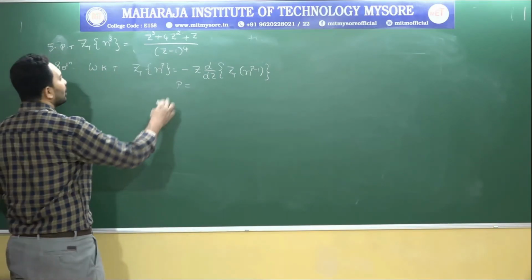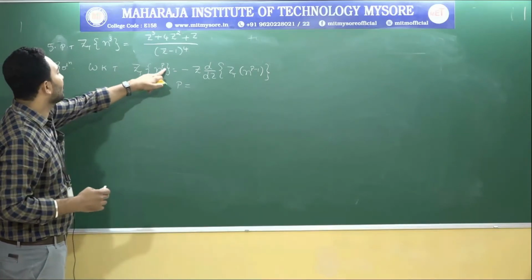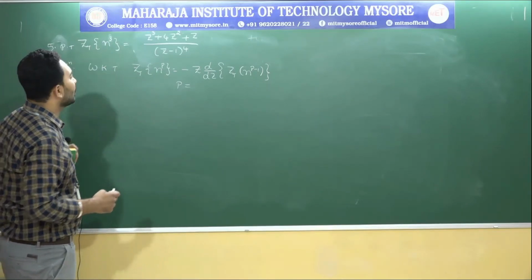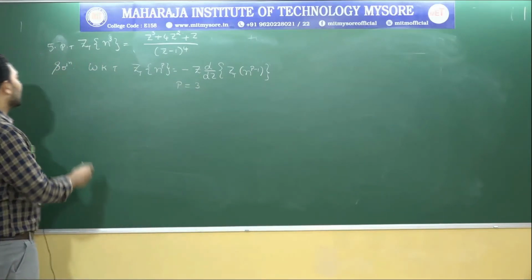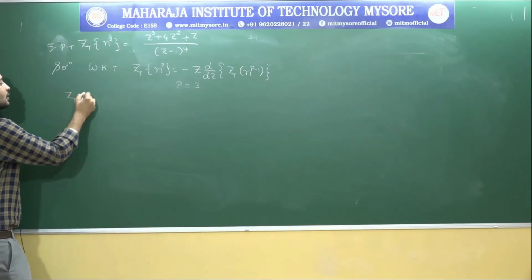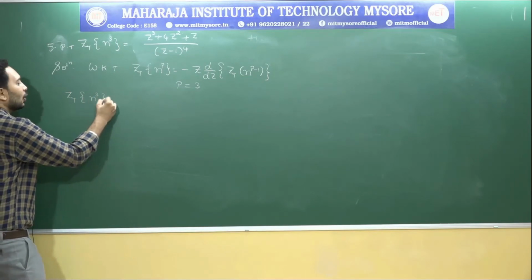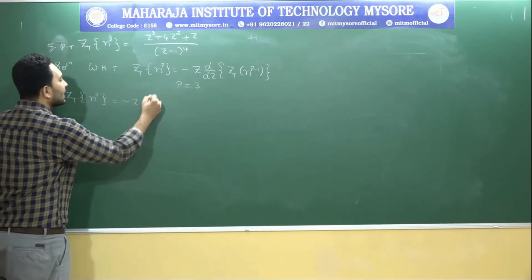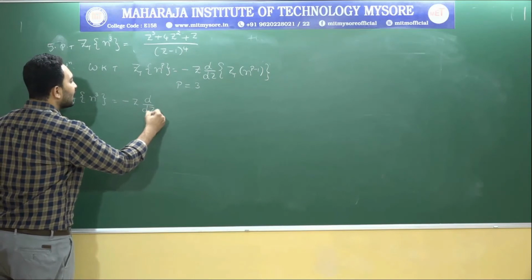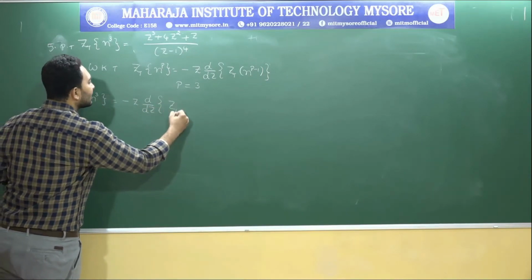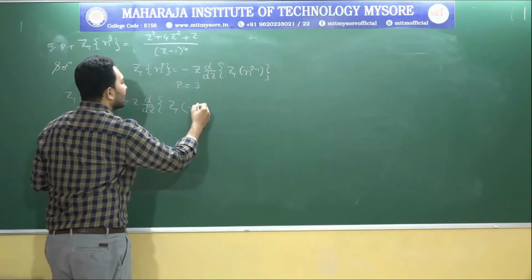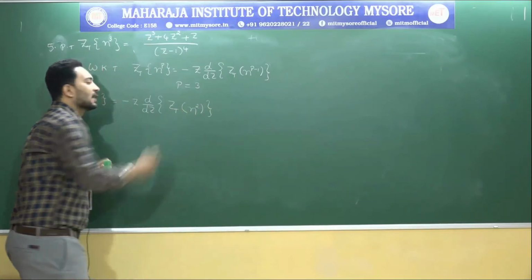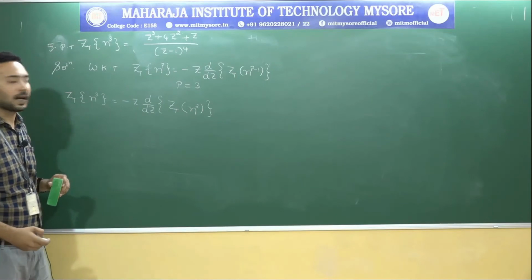Again replace p by 3, since here we have n power p and here we have n power 3. We get the z transformation of n cube, that is minus z d by dz, z transformation of n power 3 minus 1, that is 2, the z transformation of n square.